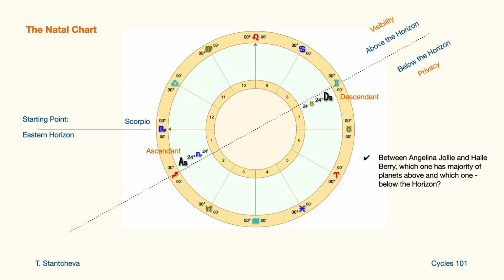But one of them has the majority of the planets above the horizon in the visibility part of her chart, and the other one has the majority of the planets below the horizon in the private part of the chart. Can you guess which one it is? So here I'm offering you a practice or a challenge. Without looking up their charts, try to guess which one has more planets above and which one has more planets below.